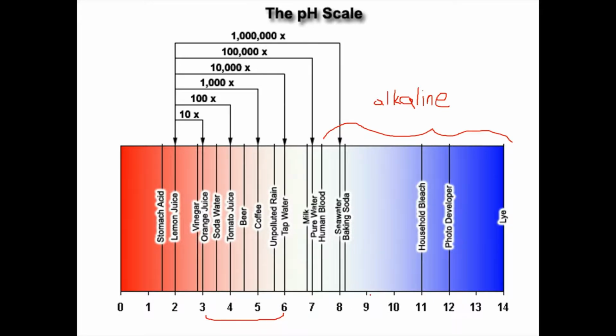If you consider that 9 is about 2 digits over from 7, and 1.5 is about 5.5 digits over from 7, and every number here is a power of 10, that means your stomach acid is about 500,000 times more acidic than water. On the other hand, this alkaline water is only 100 times more basic than water.